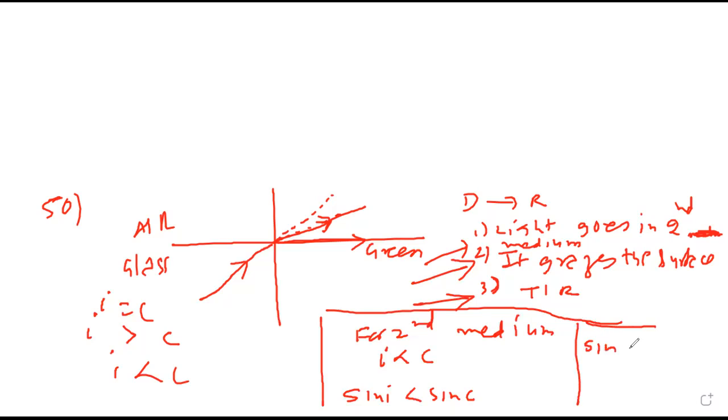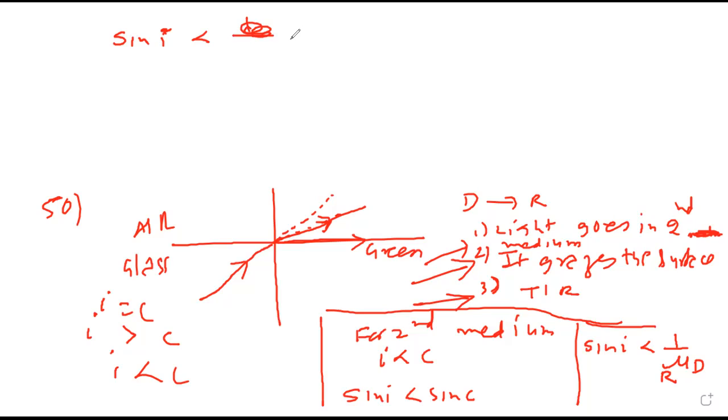That means sine of angle of incidence is less than refractive index of denser with respect to rarer. That means sine of I should be less than 1 upon refractive index, and wavelength.